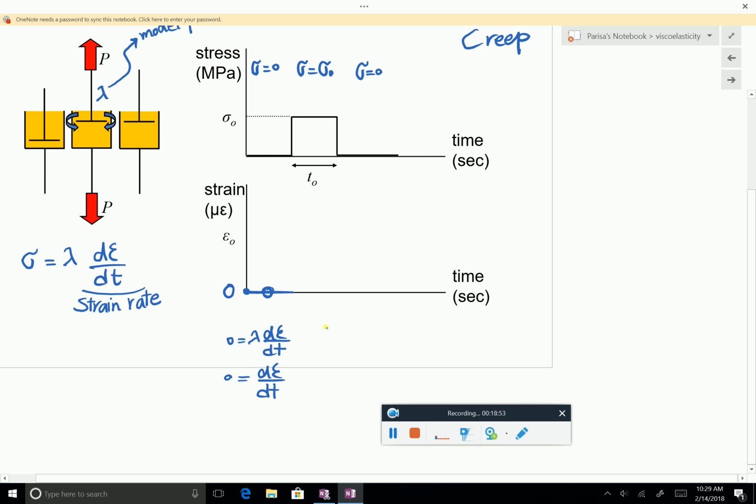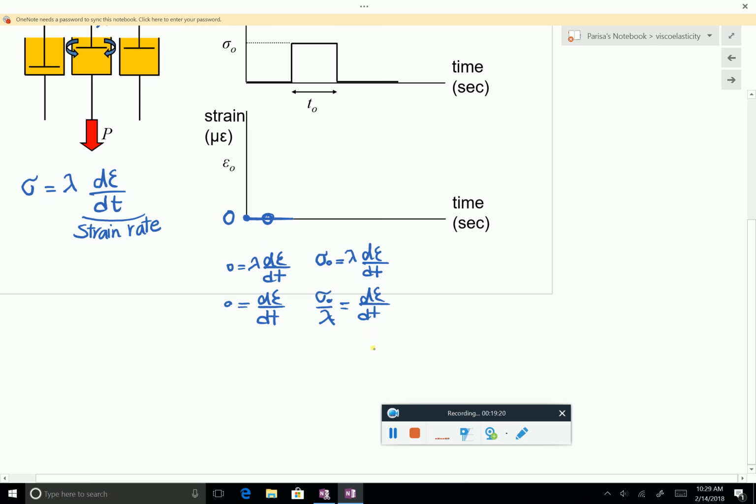So then sigma 0 is equal to lambda d epsilon dt. And sigma 0 is a constant. So I can say that d epsilon over dt is sigma 0 over lambda. Sigma 0 is a constant, viscosity is a constant. So that tells me that epsilon is sigma 0 over lambda times t. You just make a little integration.